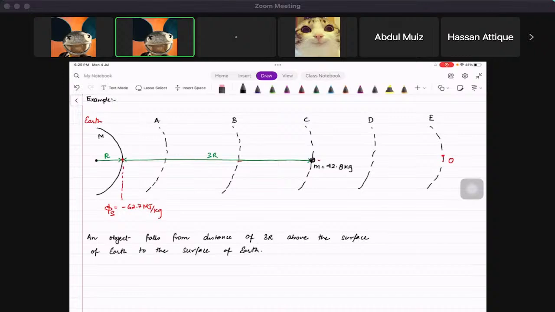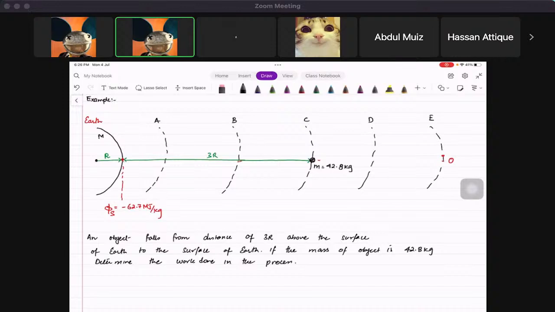If the mass of the object is 42.8 kilograms, determine the work done in the process. So basically we are looking at how much gravitational potential energy it will lose, right?